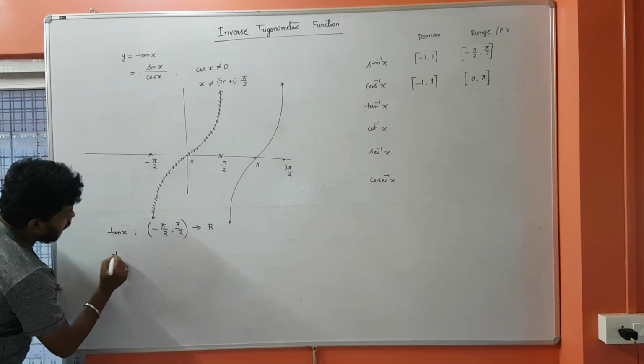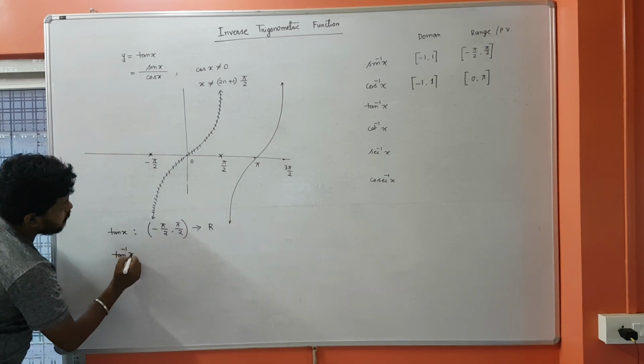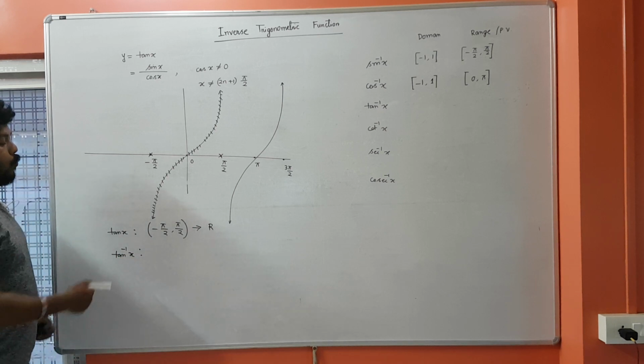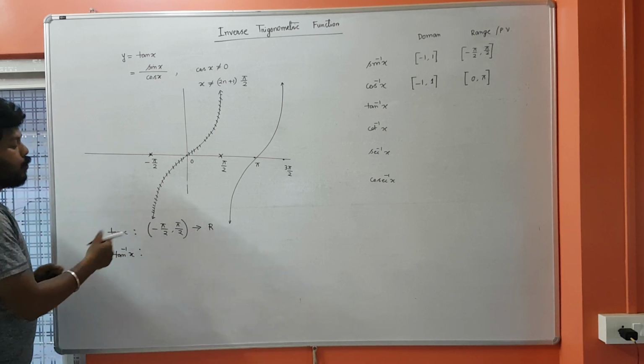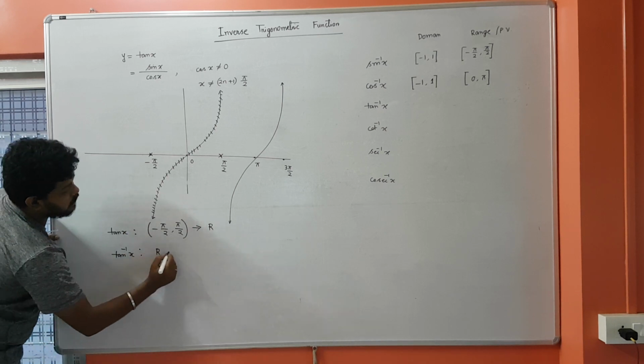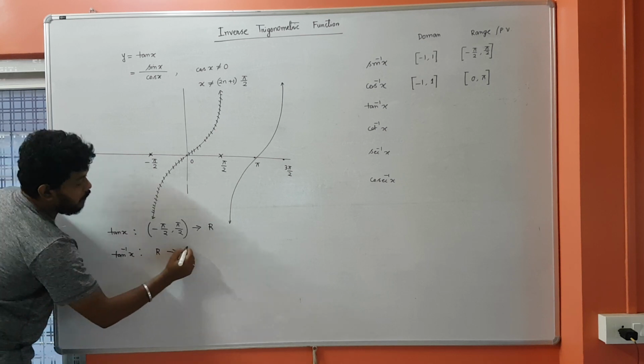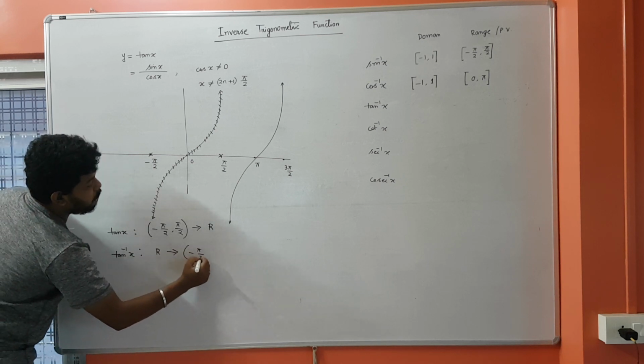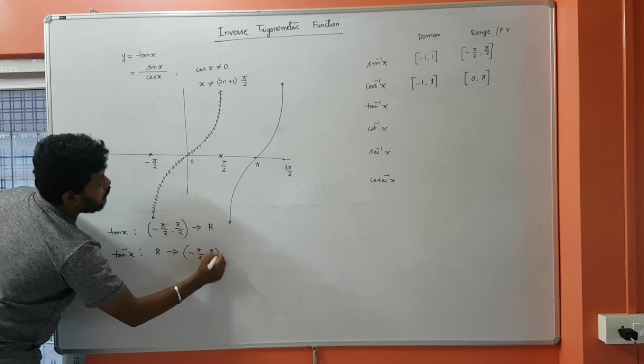Now, if I find tan inverse of x, then we will switch the range and domain. Tan inverse of x has domain R and range minus pi by 2 to plus pi by 2.